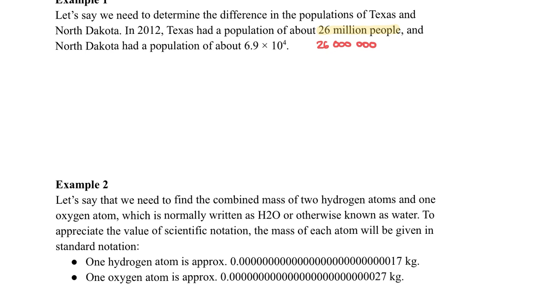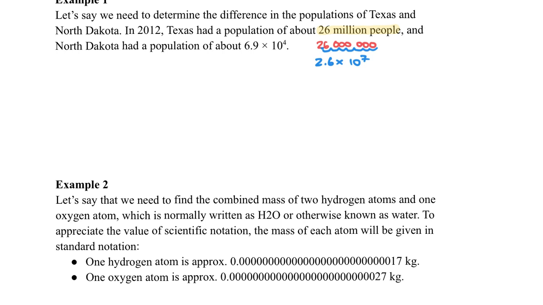There's 26 million. So in order to change that into scientific notation, we would move our decimal point to here, and that's 1, 2, 3, 4, 5, 6, 7. So this is going to be, in scientific notation, 2.6 times 10 to the 7th power.